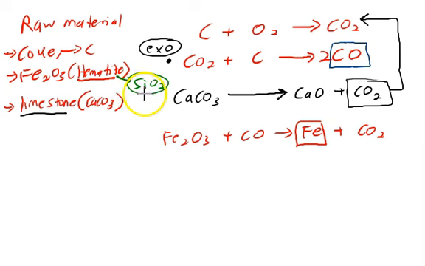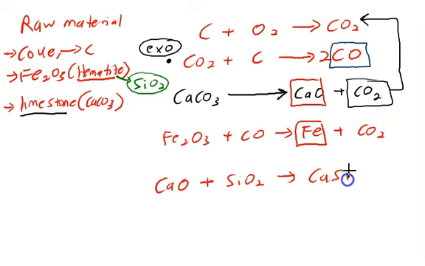This is like an impurity. So that is where the function of calcium oxide will come. Calcium oxide will combine with silicon oxide to form slag. This is calcium silicate. This is slag. So these are the main equations you have to remember for blast furnaces.